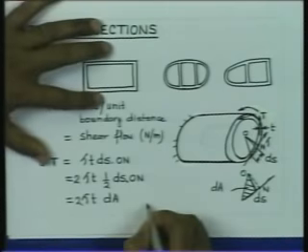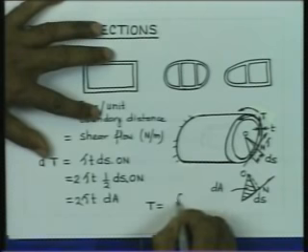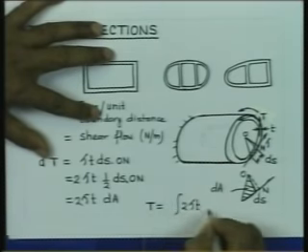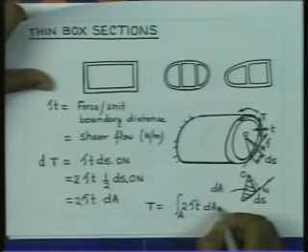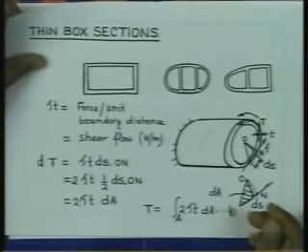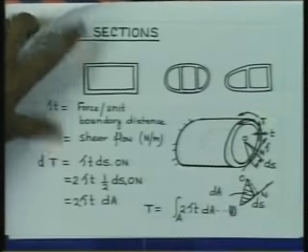So, the total torque T is equal to the integration of 2 tau t dA over this area. Let us consider this is equation number 1.